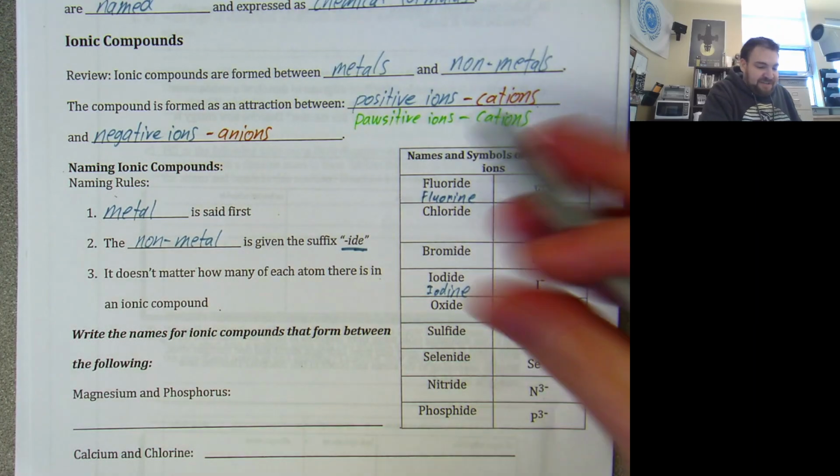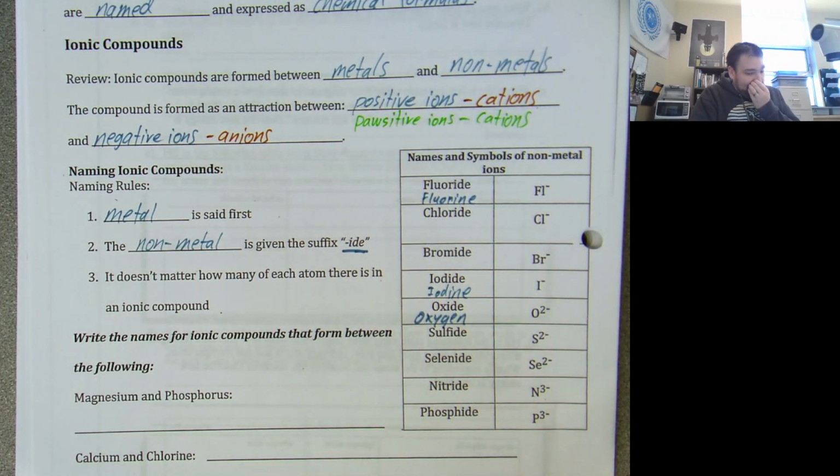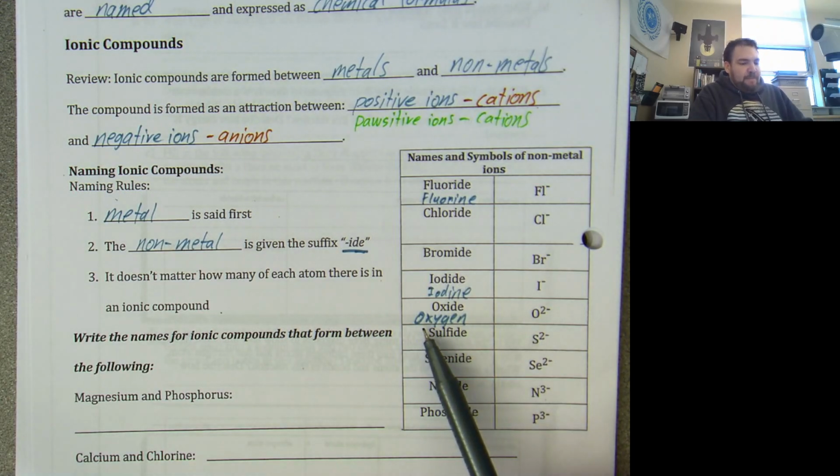Oxygen's an interesting one because oxygen looks like this, oxygen. And then the question is, where do you put it? Does it go for the gen? Does it change the en to ide? I've had students, when I first teach them this, say, yes, it's oxygide. It's not oxygide, it's oxide. The first syllable there is the O, the first letter.